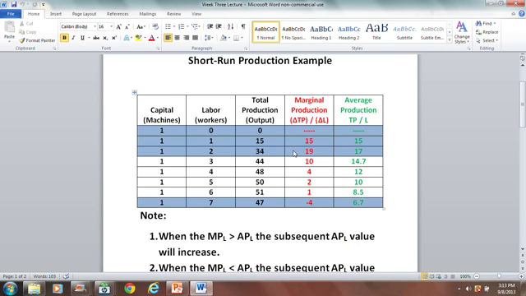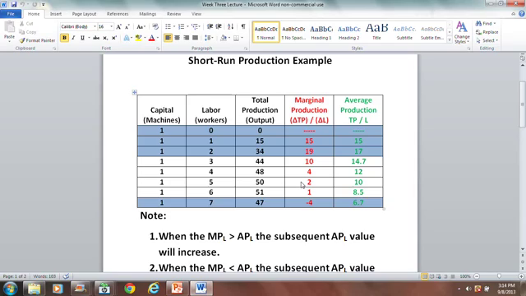We hire the second worker, and notice the total production increases from 15 to 34. So that second worker adds the difference, which would be 19 units. Because if I take the 15 units from the first and the 19 from the second, the sum of those two equals the 34. So the marginal product is telling us that as we add each worker, how much each worker is adding to the overall total production.